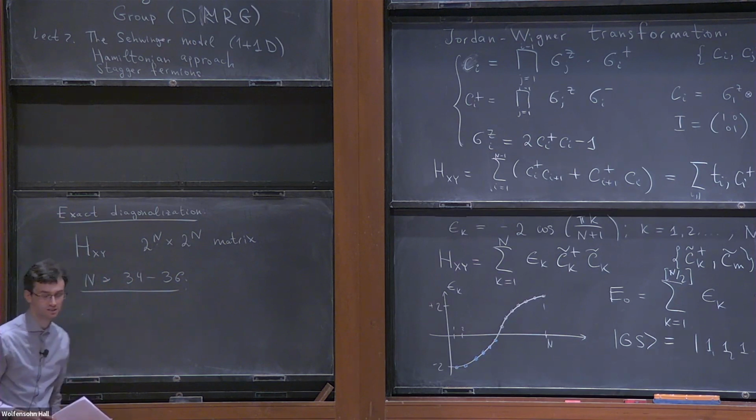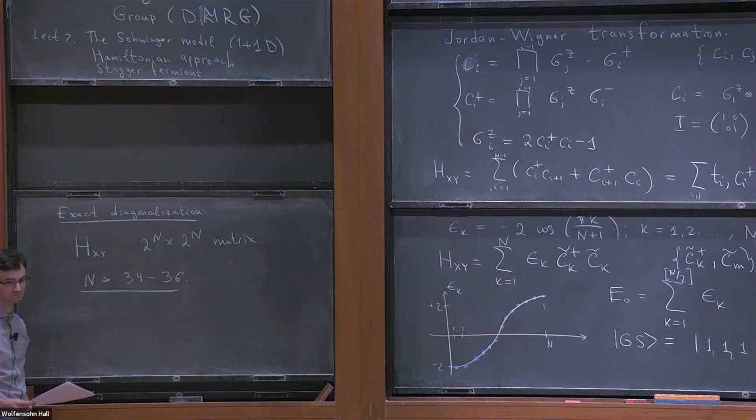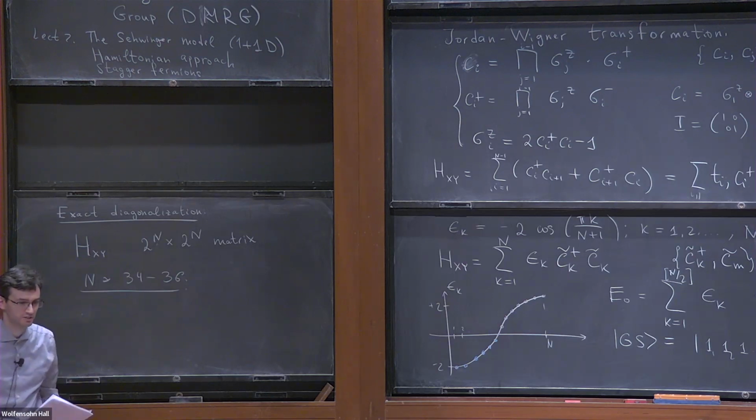Yes. You mentioned we cannot diagonalize on a classical computer. In principle, that can be done on a quantum computer. From the computational complexity side, quantum computers have some advantage.